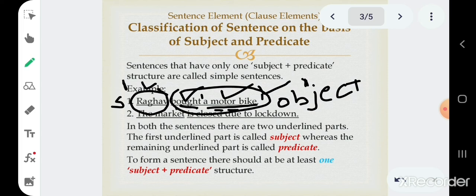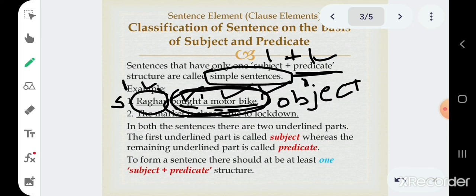We are considering the whole phrase bought a motorbike as the predicate. This predicate is only one here and the subject is only one here. So one subject plus one predicate makes a simple sentence.